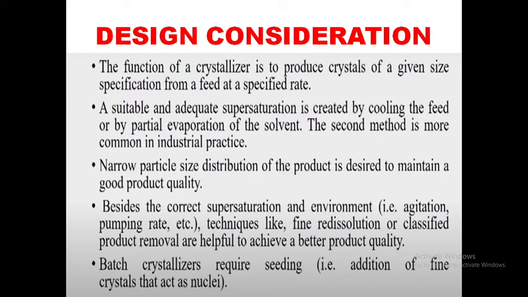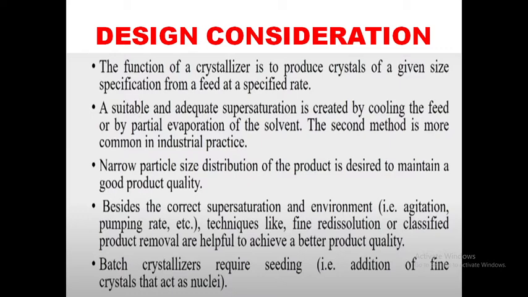Narrow particle size distribution of the product is desired to maintain a good product quality. Why? Because the crystallization process generates particles with a range of sizes. Crystal size distribution affects several important product and processing properties.